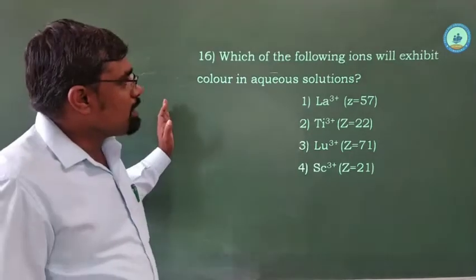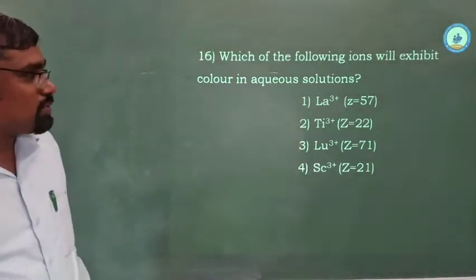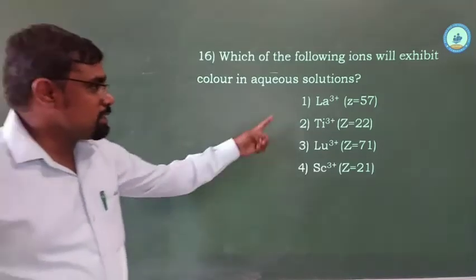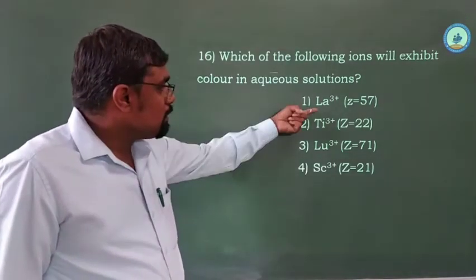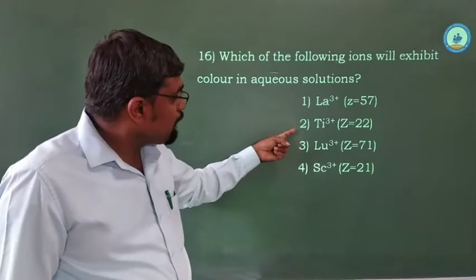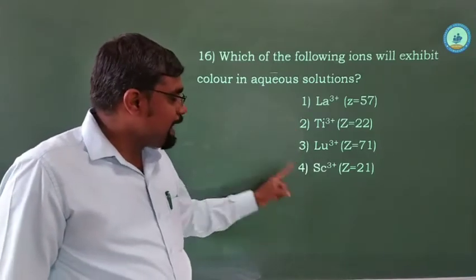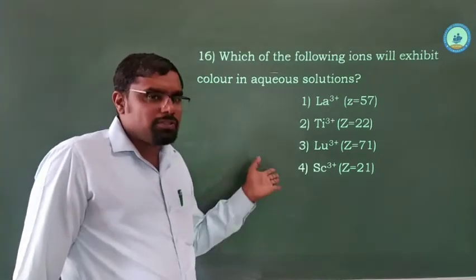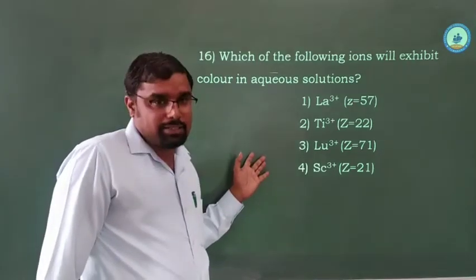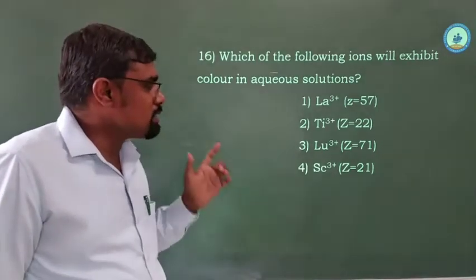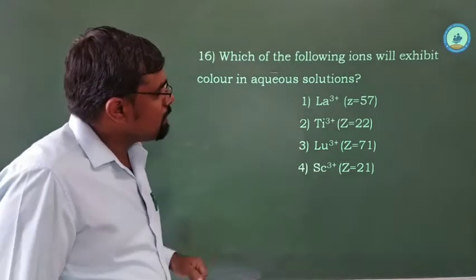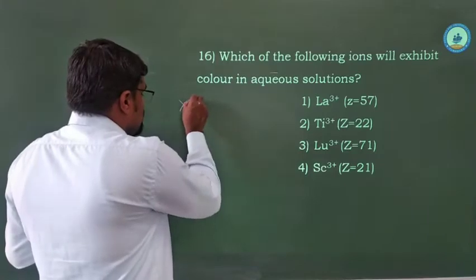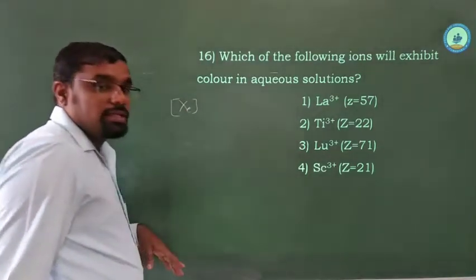Which of the following ions will exhibit color in aqueous solutions? Lanthanum ion, titanium ion, lutetium ion, scandium ion, with atomic numbers also given. Lanthanides are commonly in the +3 oxidation state. Lanthanum has atomic number 57.